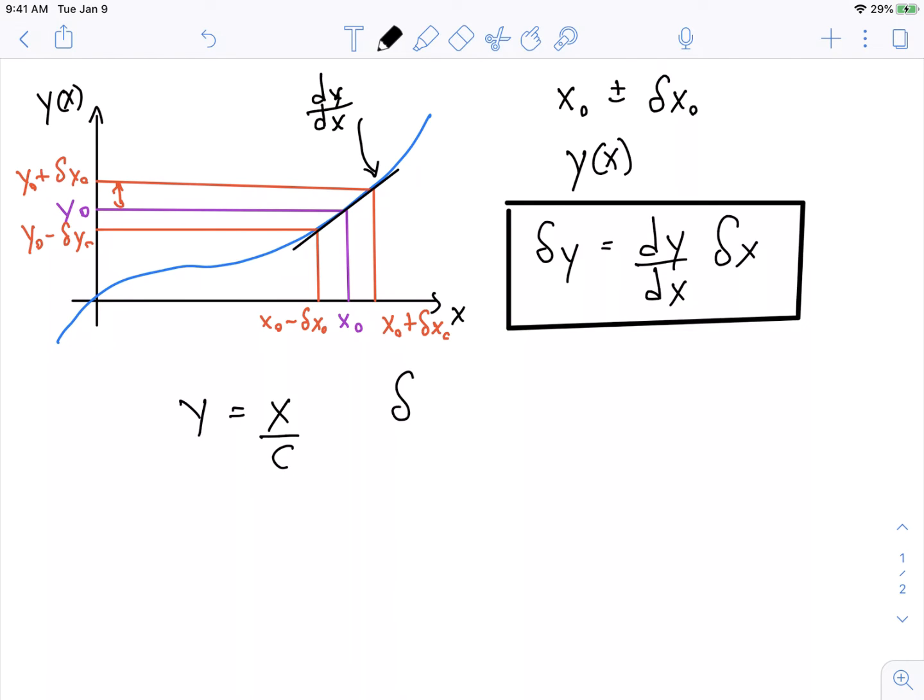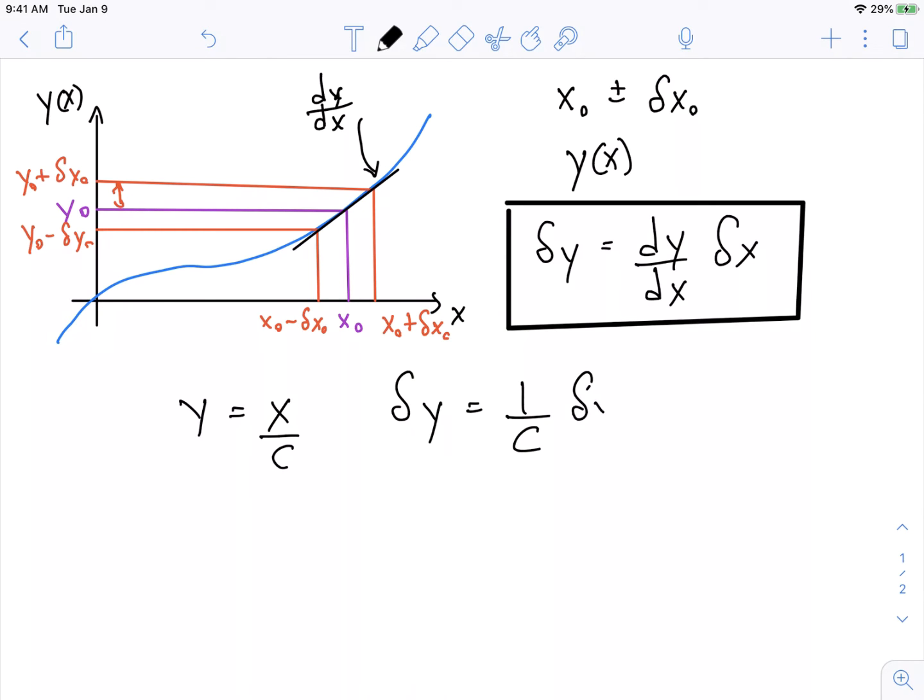Okay. My uncertainty in y, my uncertainty in this new mass of this new single mass that I've calculated, is equal to, well, what does it tell me? It's the derivative of y with respect to x. Well, the derivative of y with respect to x is 1 over c.